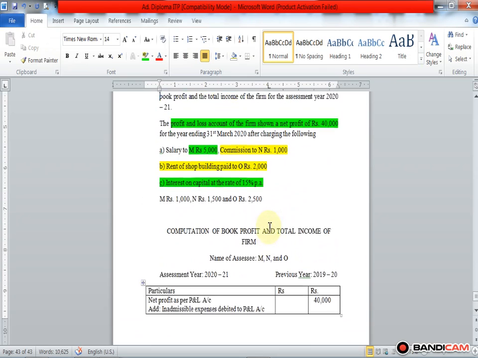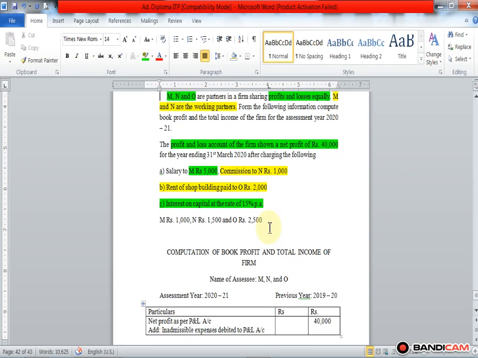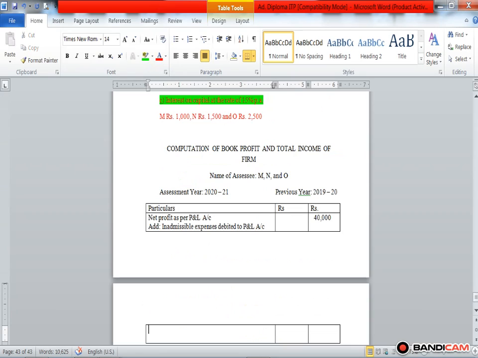First of all, interest on capital, we add the excess interest on capital.